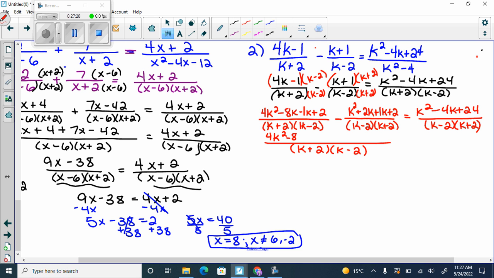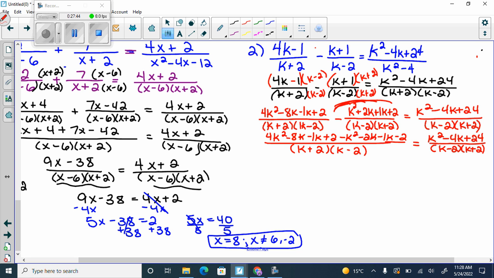All right, k minus 1, 8k minus 1k plus 2. And then we have to remember to minus everything behind the minus sign. So minus k squared minus 2k minus 1k minus 2. K squared minus 4k plus 24. K minus 2k plus 2.